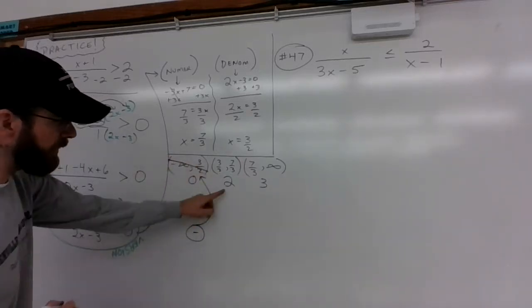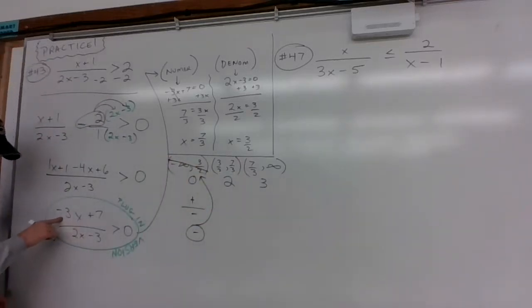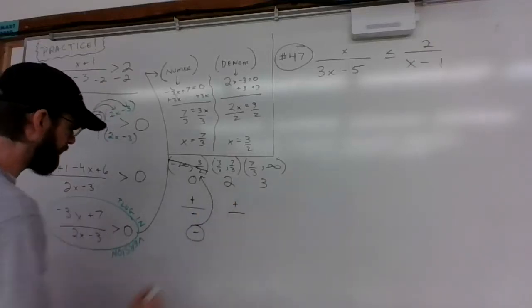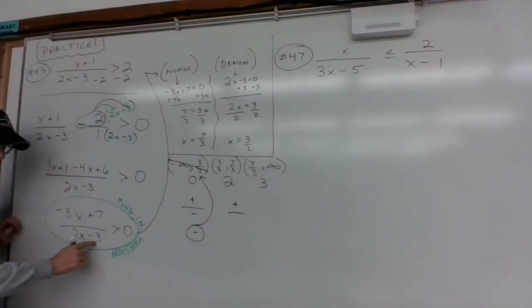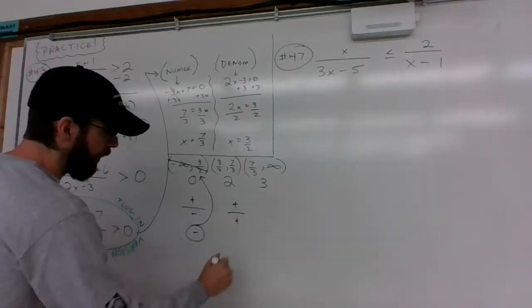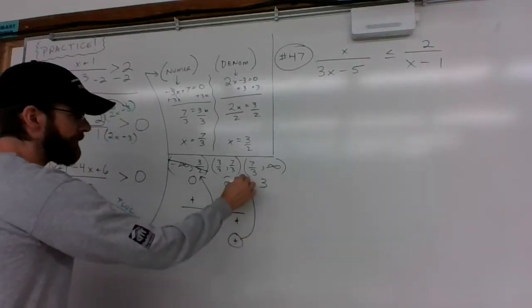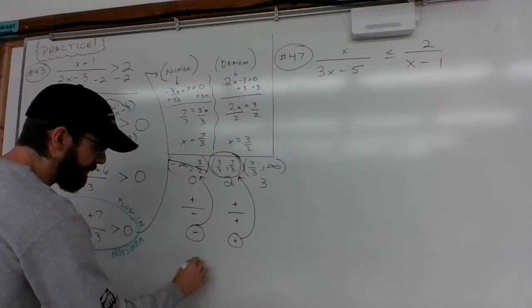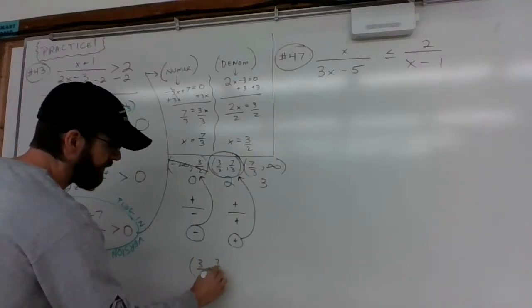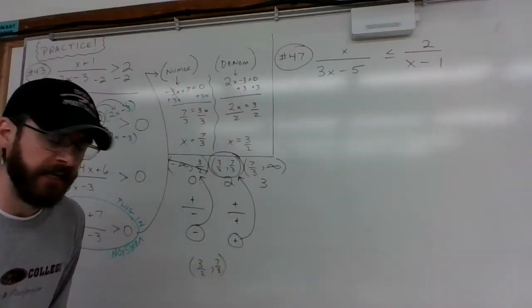Get out of here. Okay, plug in the 2. 2 times negative 3 is negative 6 plus 7, positive number. 2 times 2 is 4. 4 minus 3 is positive 1. All right, we got a positive. Keep it. So this is going to be a part of our solution set, so I'm writing it down here in anticipation of the final answer.